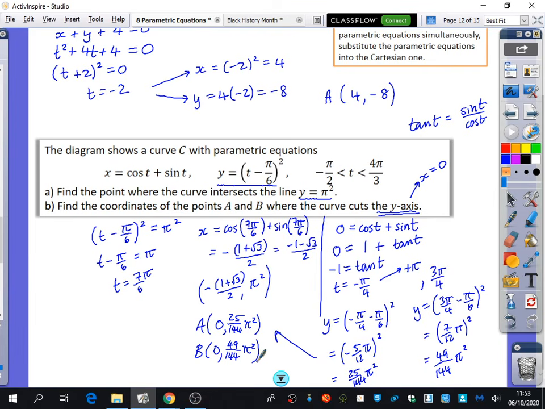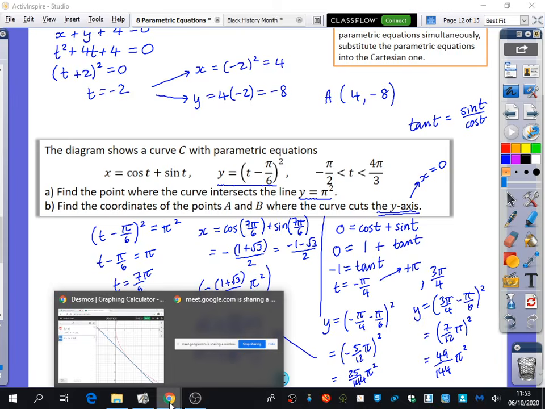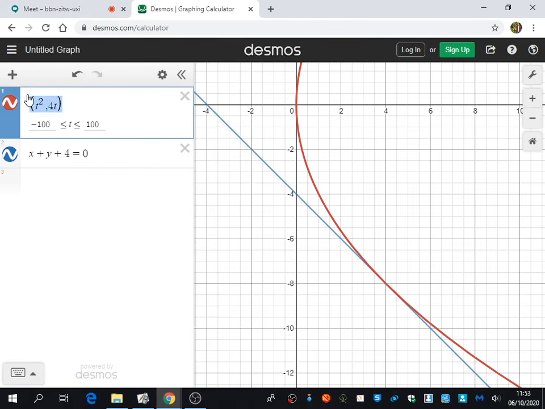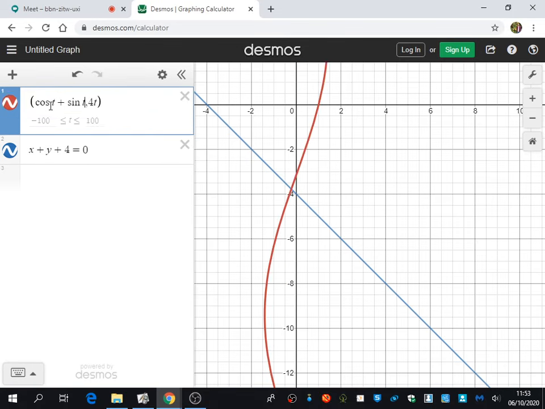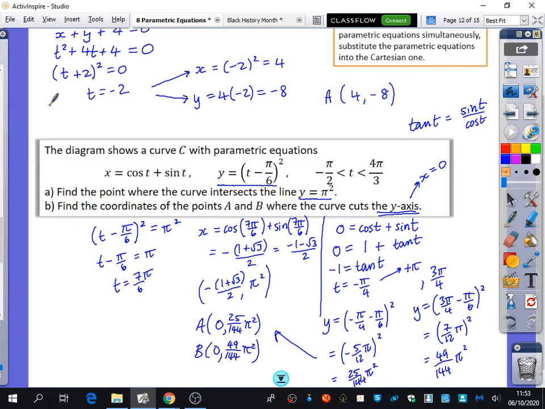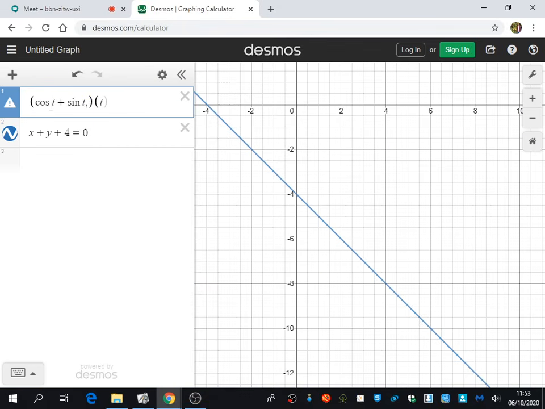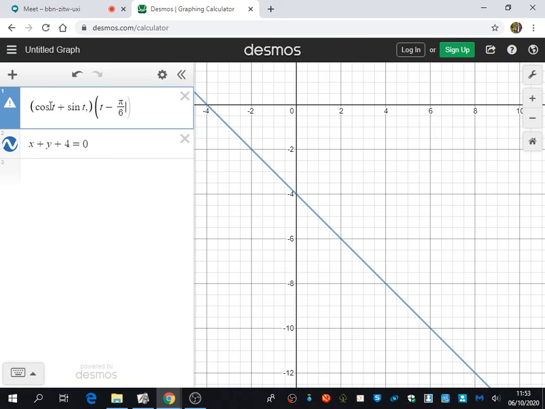And Muhin, you wanted to put this on Desmos, and I agree. So we're going to do cos t, sine pi over t. And the y part was t minus pi over 6 squared.